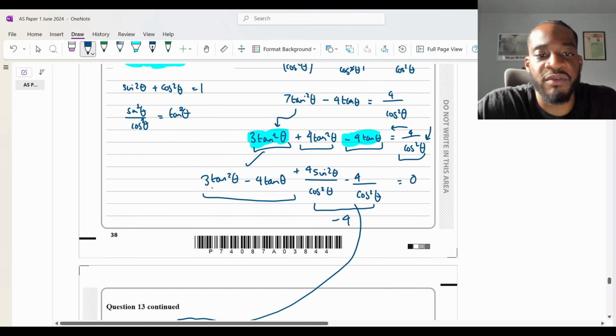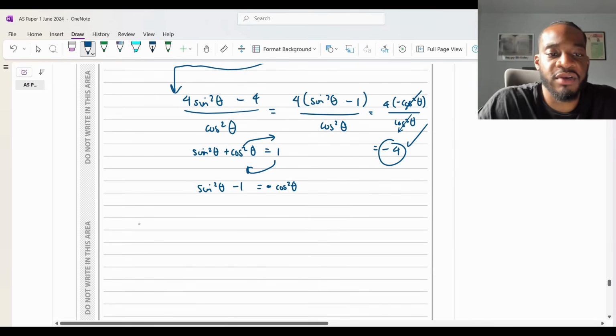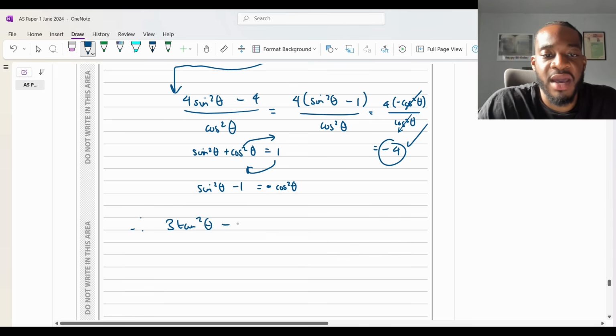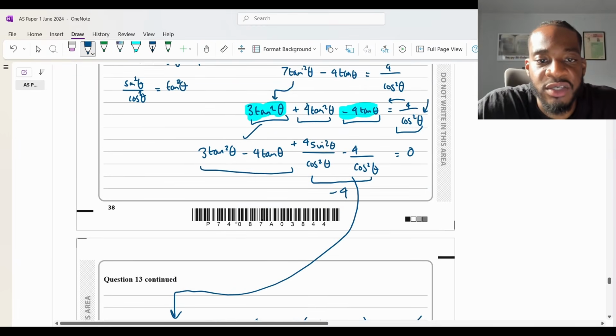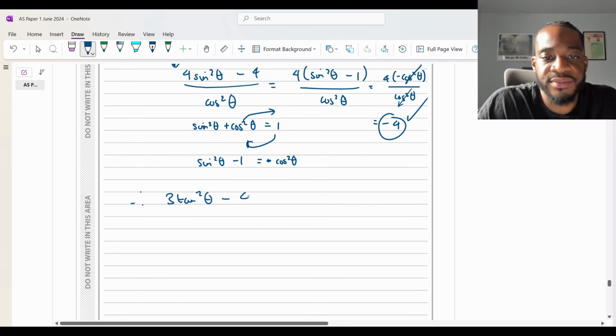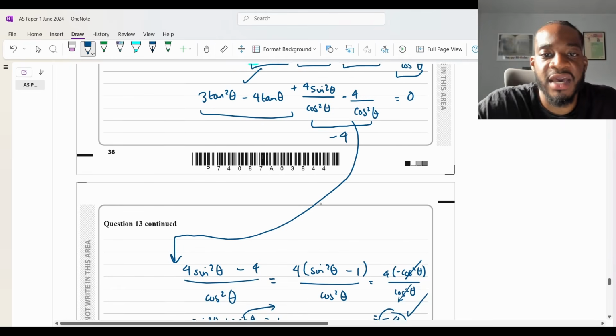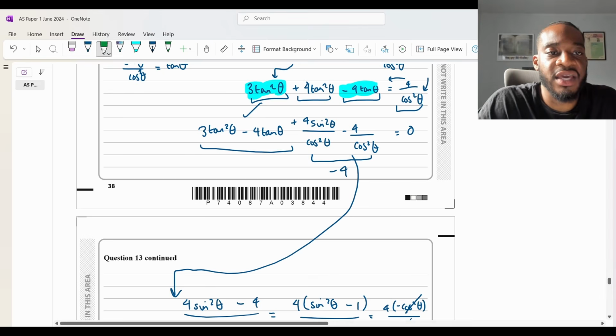So therefore, we've got the result. Let's write it out to finish off. With all of that, we're going to have 3 tan squared theta minus 4 tan theta, which we already had, and then minus 4, because this thing right here we worked out is just minus 4.